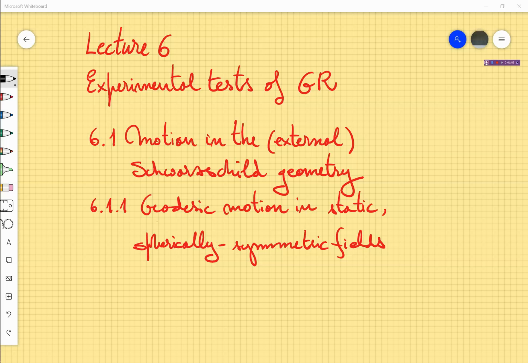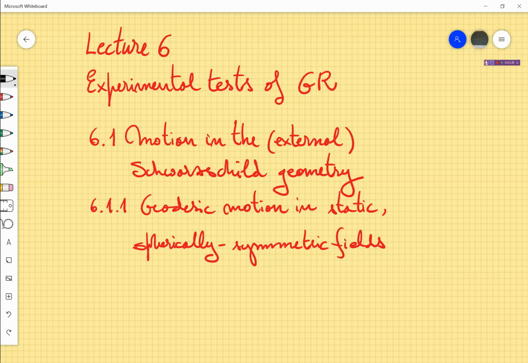And these predictions have to do with the motion of test particles in those gravitational fields and the propagation of light in those gravitational fields. In this lecture, what we are going to do is precisely to study the motion of particles and the propagation of light in the gravitational fields that we derived in lecture 5.